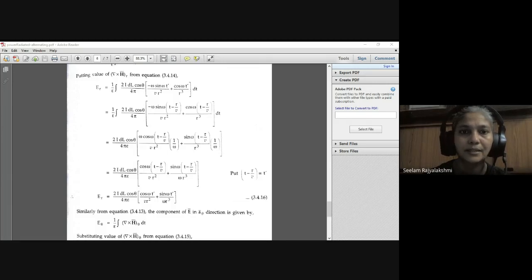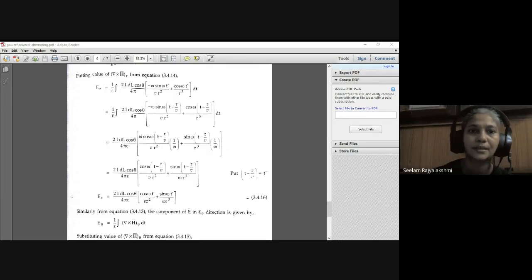So 2 I dl cos theta by 4 pi epsilon omega. By taking this integration, we will obtain omega sin omega here minus cos omega, so minus into minus gives plus, (t minus r by nu) by nu r square into 1 by omega, and sin omega (t minus r by nu) by r cube into 1 by omega.